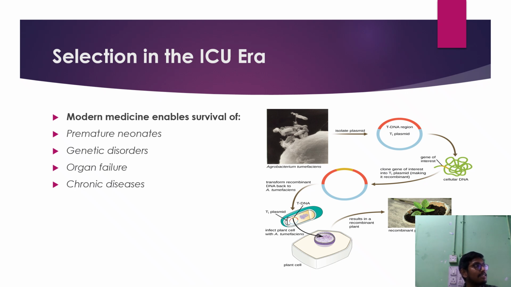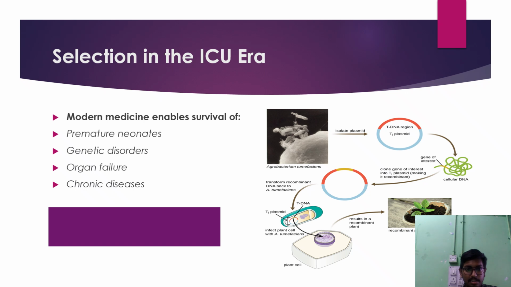Here is a picture of the plasmid, in which a genetically engineered gene of interest has been incorporated. Whatever plant characteristics we require are incorporated through the plasmid into the gene, incorporated in the cell, and it reproduces. So whatever features we need will come. So recombinant technology is mentioned. So in the ICU era, the selection pressure is now technologically mediated.